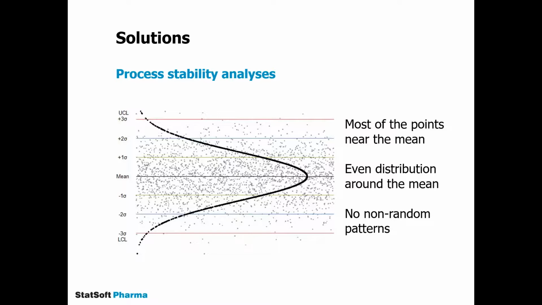To effectively use control charts, you must be able to interpret the control charts. How to do that? Start from visual examination of the chart. As a general rule, if a process is in statistical control, as in the diagram, most of the points will be close to the mean value and evenly distributed around the mean with no non-random patterns.